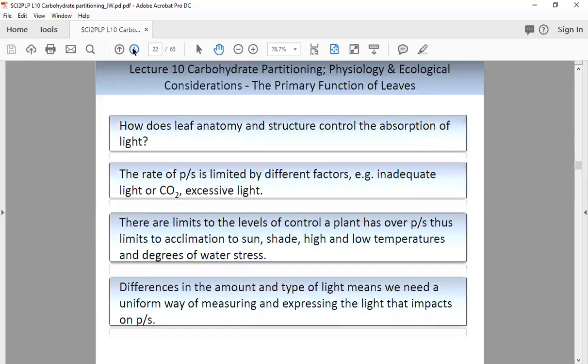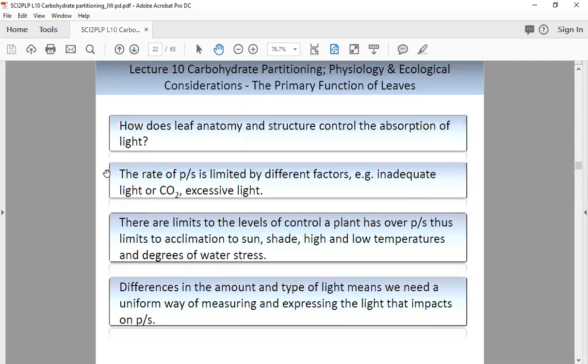The primary function of the leaf being photosynthesis. So let's consider how leaf anatomy and leaf orientation controls the absorption of light required for photosynthesis. We'll see that photosynthesis, or rather the rate of photosynthesis, is limited by various factors.